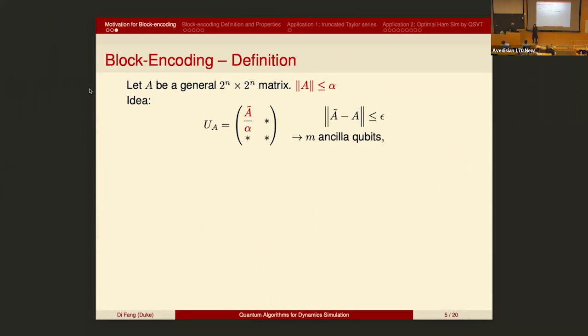Now we wonder, what if my algorithm has an error? Please. If A is unbounded, can we still do something similar? That's a wonderful question. The answer is yes, no, and yes. No, in that if it's unbounded, it's infinity, there's no way. But even classically, we do not directly implement an unbounded operator.